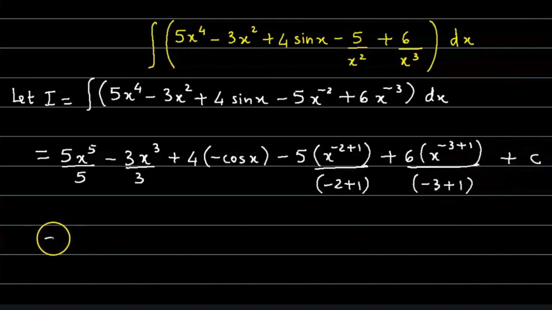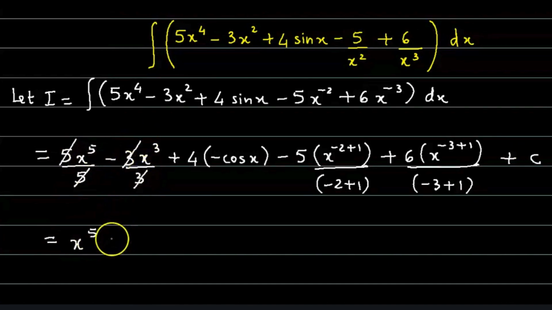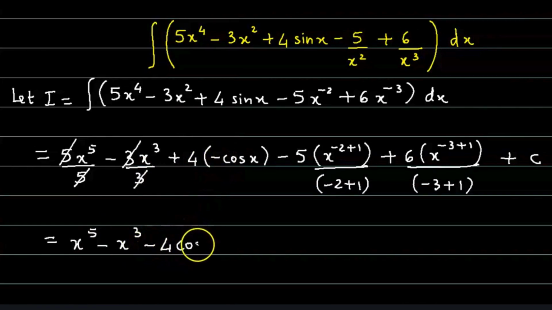Now we simplify this further. So we could cancel the 5. So we have x raised to 5. 3 cancels with 3. So we have minus x cube. 4 into minus cos x, that's minus 4 cos x. Simplify this.